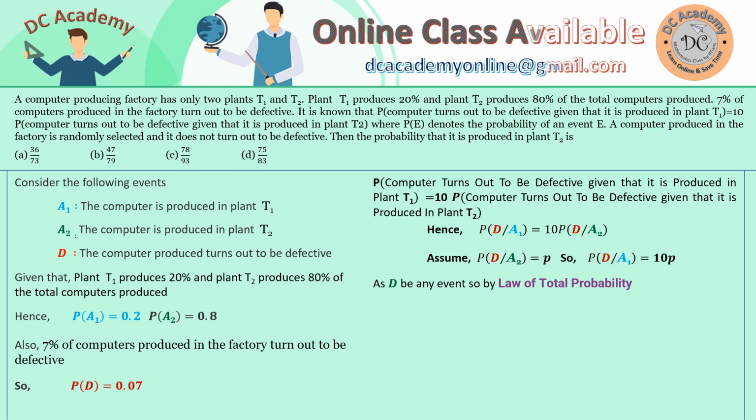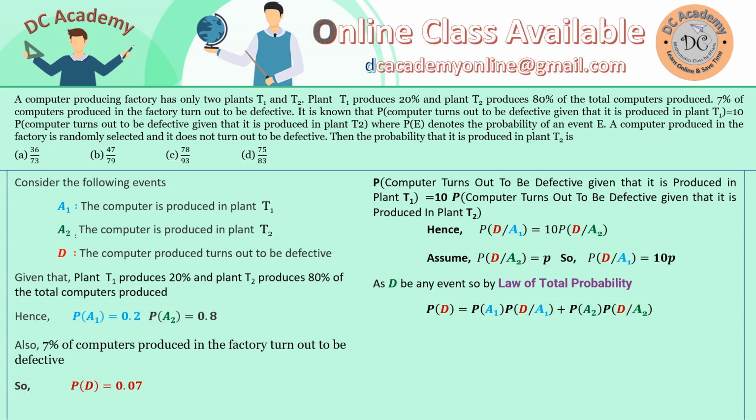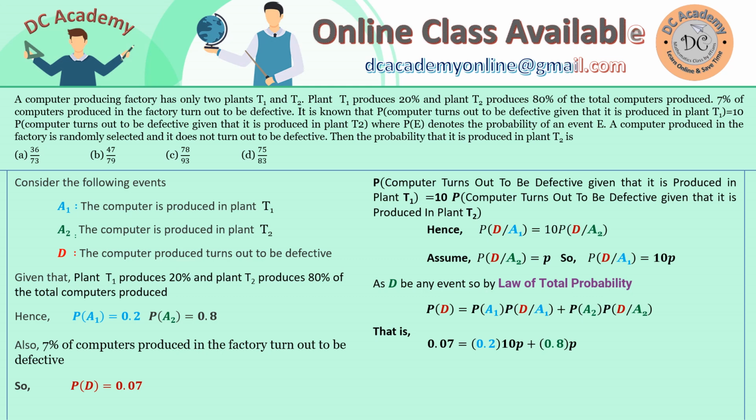Now we apply the law of total probability. Probability of any event D will be equal to probability of A1 multiplied by D by A1, plus A2 and D by A2. That's a very basic law. All the values are already known, so let's substitute. Probability of A1 is 0.2, D by A1 is 10P, A2 is 0.8, and the other one is P itself.